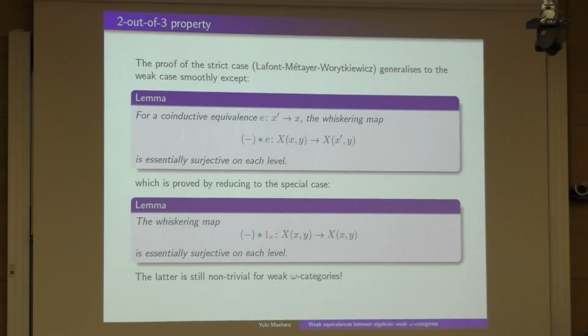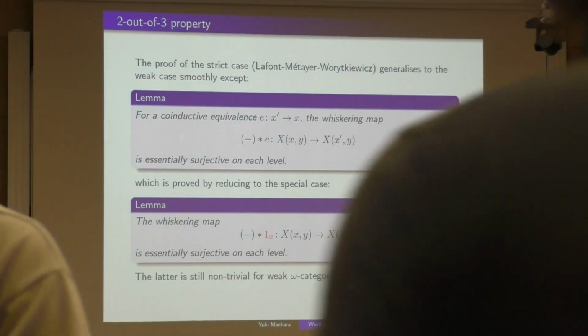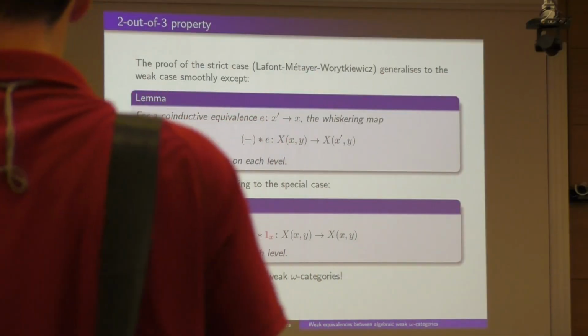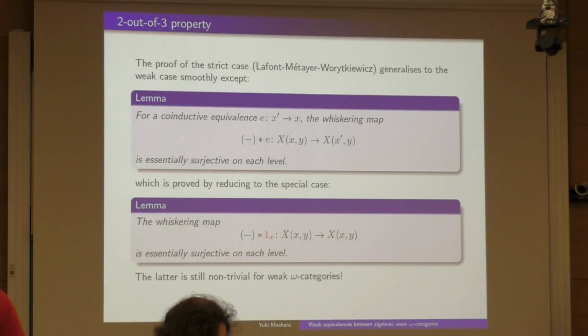You said it satisfies the 3 for 2 condition. Oh, I see, for a universe. We don't know how to construct an inverse to this sort of weak equivalence, so I guess you don't want to call such a thing a groupoid.